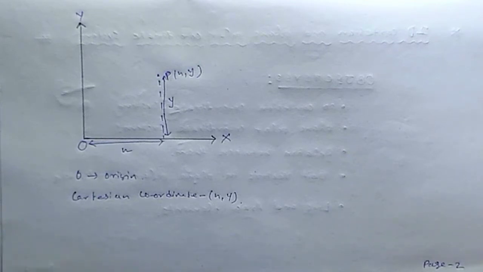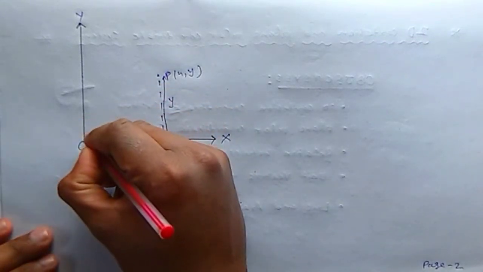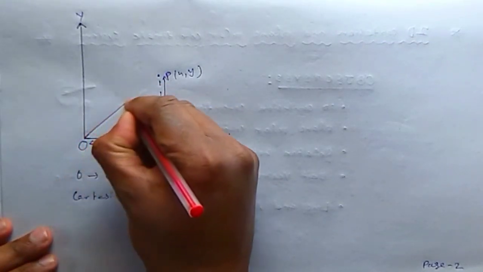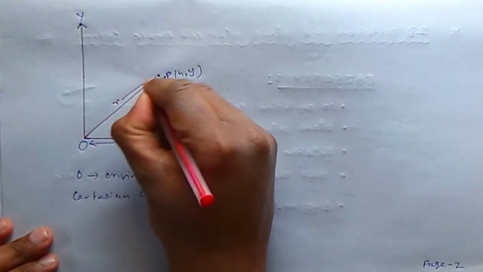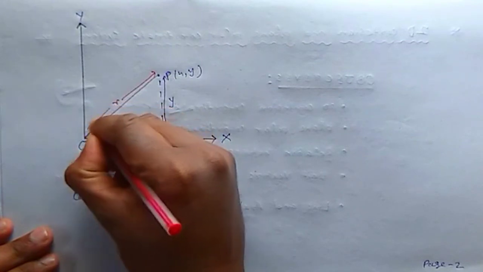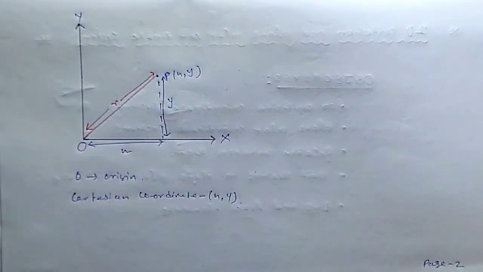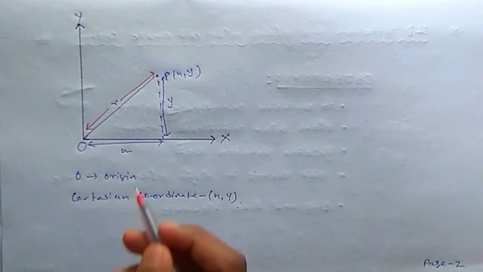Now, in case of plane polar coordinate, the distance of point P from origin O is one coordinate, r.